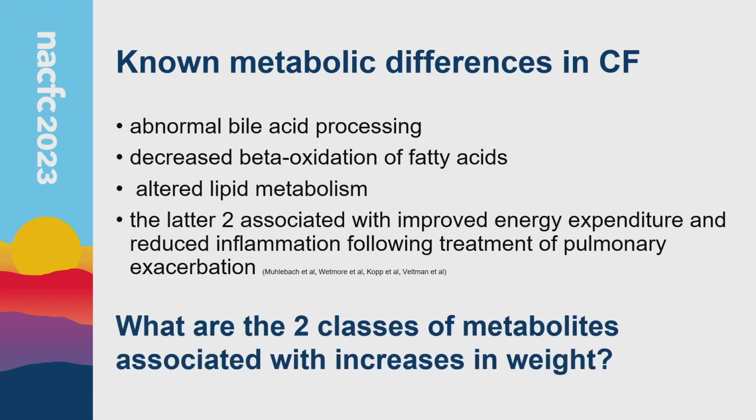When we looked at metabolite classes instead of individual metabolites, the two most significant classes associated with increase in weight were the bile acid family and the beta oxidation of fatty acid group, or the acylcarnitines.